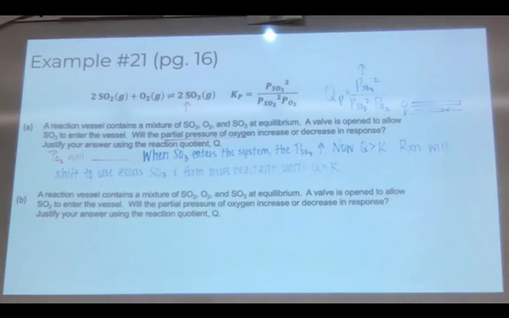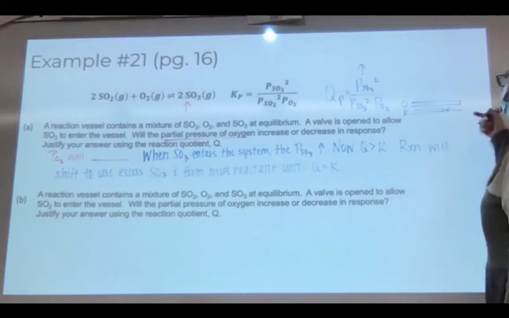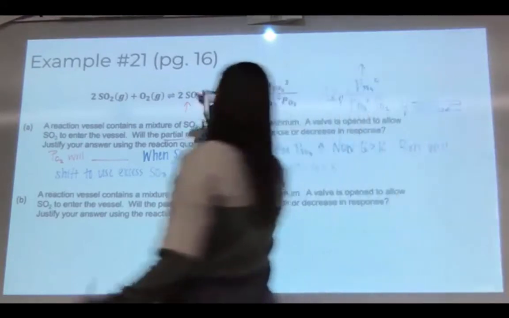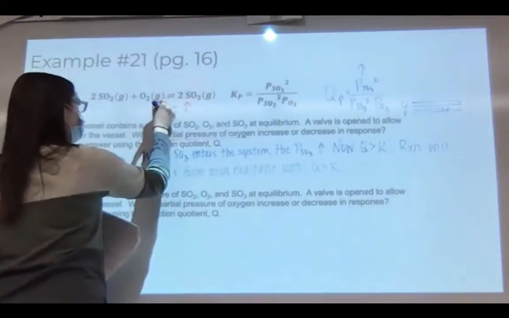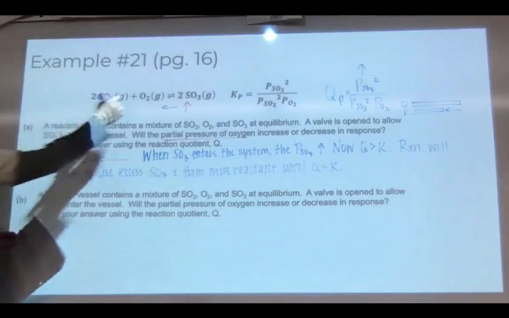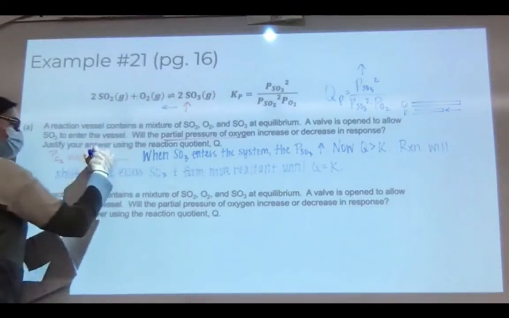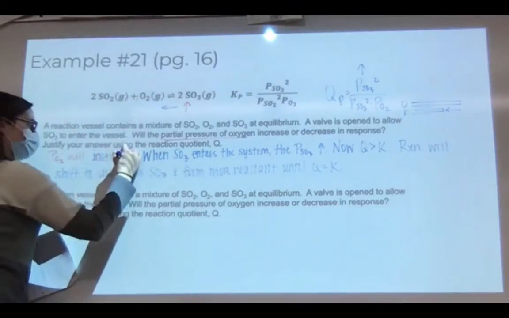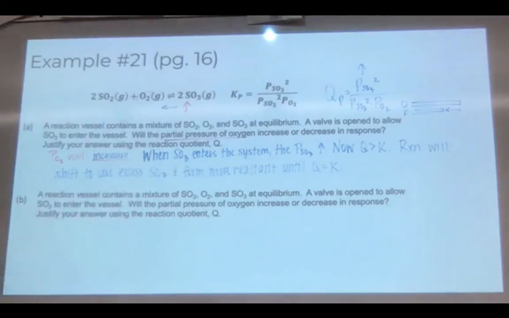So if the reaction will shift to use up excess SO3, it's going to use this up. Well, it's going to shift in a way to create more reactants. So if we're creating more reactants, we're increasing the amount of O2. I'm going to fill in that it will increase.